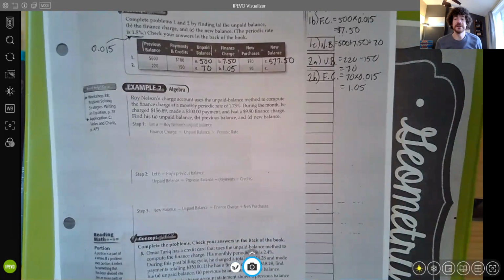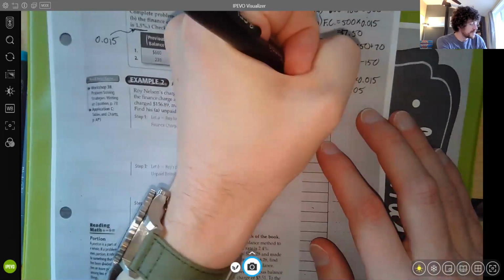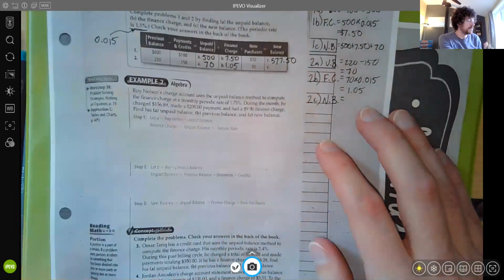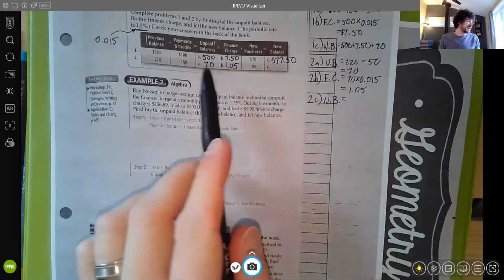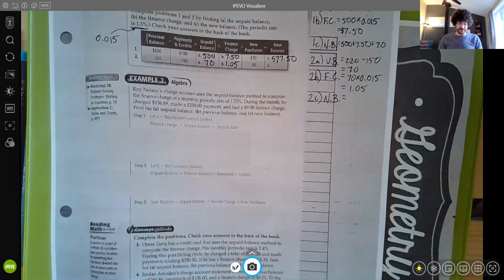And then for 2C, the new balance, what do we end up with? So that's just A and B plus the new purchases, those 3 added together. What do we end up with?